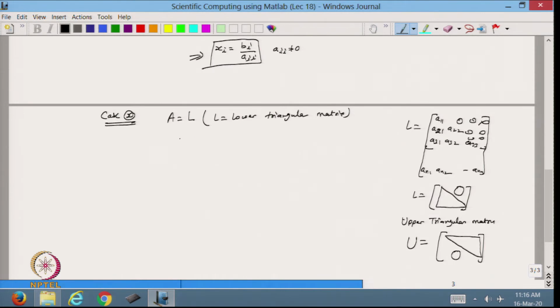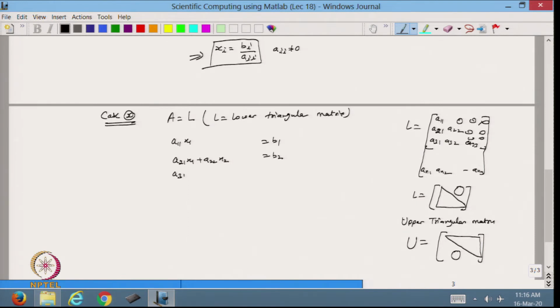If it is a lower triangular matrix, then my equation will become like this: A11 x1 is equal to B1. Next will be A21 x1 plus A22 x2, and that will be equal to B2.